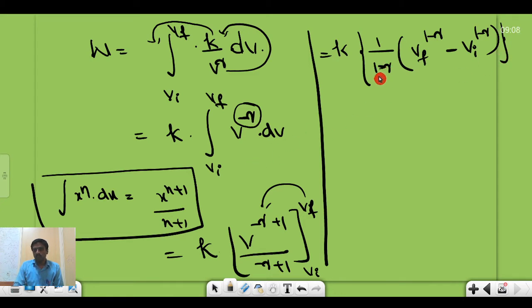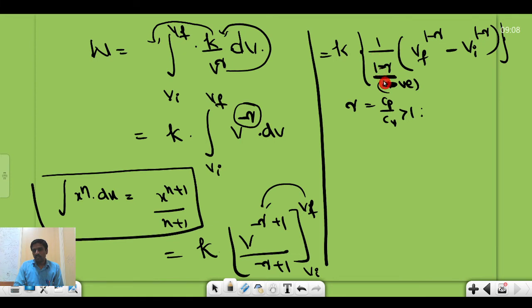Now once again I am recalling that γ is equal to Cp by Cv. This value is always greater than 1. Now look at this part: 1 minus a number greater than 1 gives a negative value.